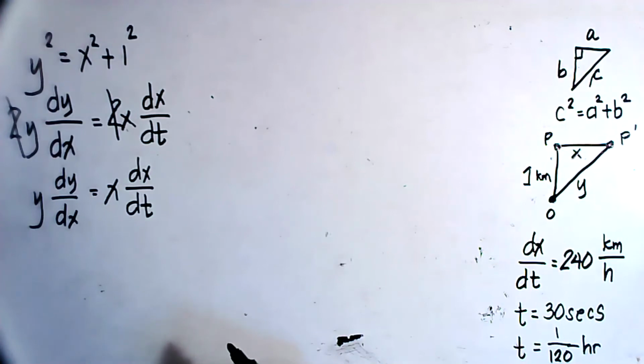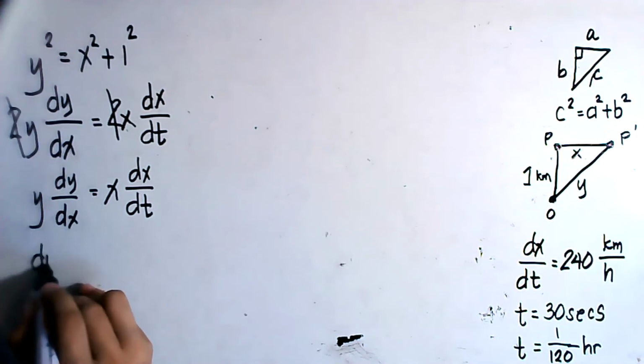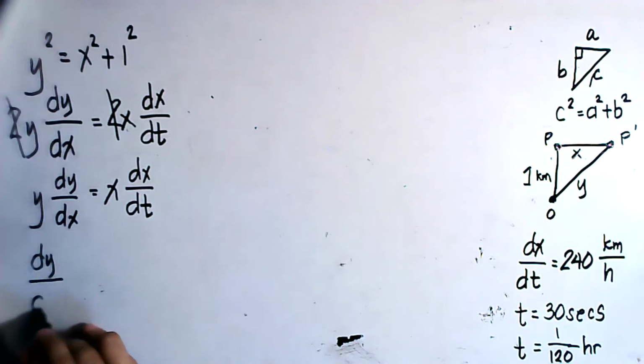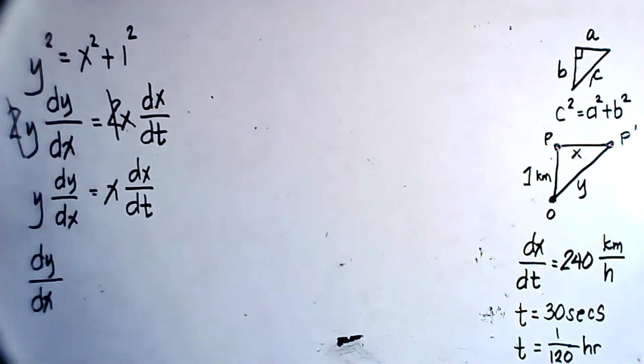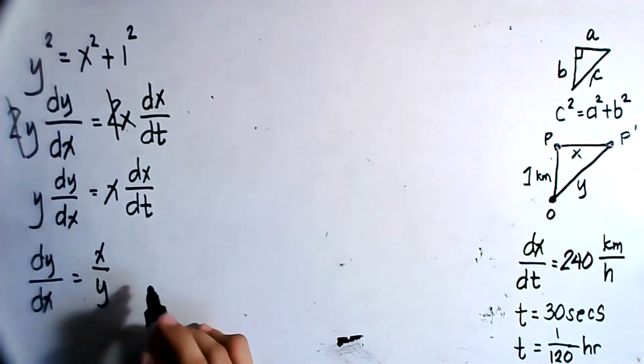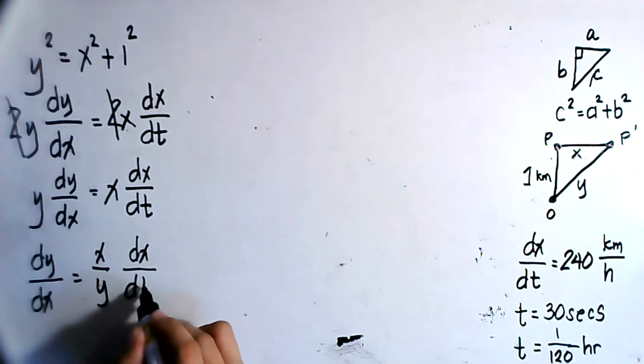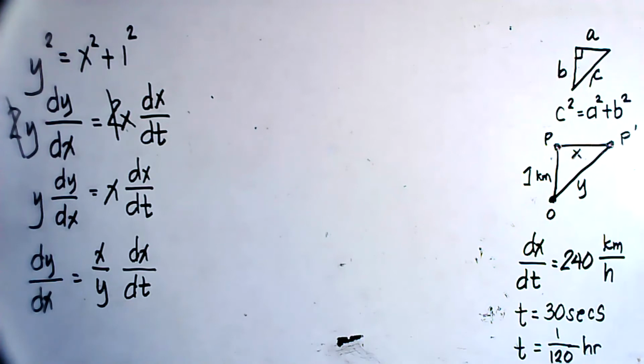And if you are going to express the value of dy/dx, meaning the change in the distance y with respect to the change in x, it is equal to x over y multiplied by the change in x with respect to the change in time. So according to our problem, after 30 seconds, which is equivalent to 1/120 hour, that is the value for the time.